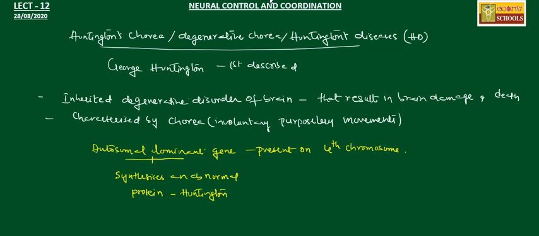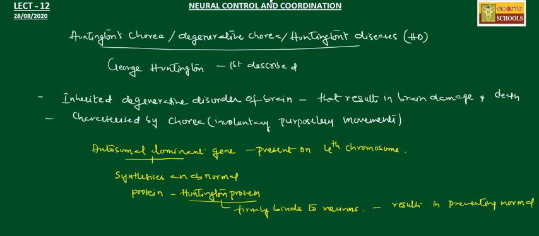This Huntington protein abnormally binds to neurons, and the binding of this protein to the neurons prevents the normal functioning of the neurons.